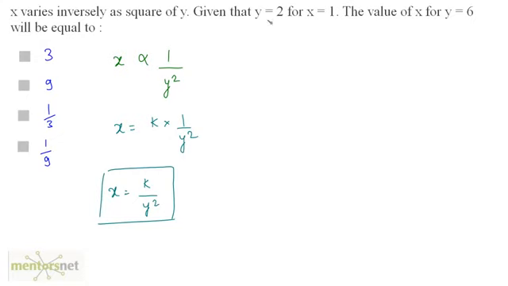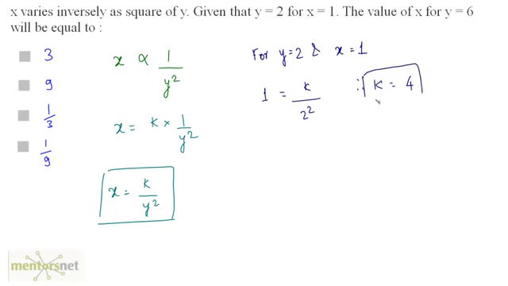So when we put the value of y as 2 and x as 1 in this equation, we can get the value of k. So 1 is equal to k by 2 square. Therefore k is equal to 4. So the value of this constant k is 4.